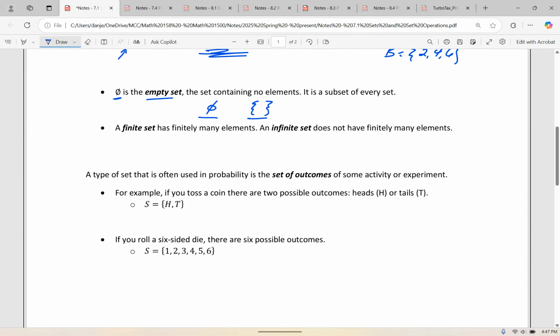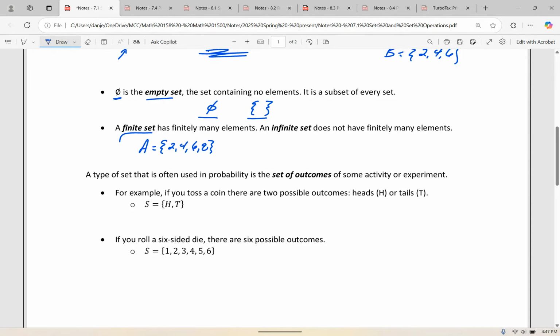Okay. We talk about finite sets. A finite set has finitely many elements. An infinite set does not have finitely many elements. For example, I said that set A was 2, 4, 6, 8.